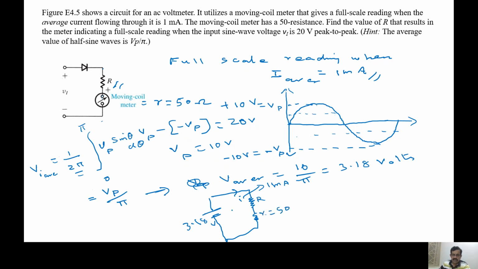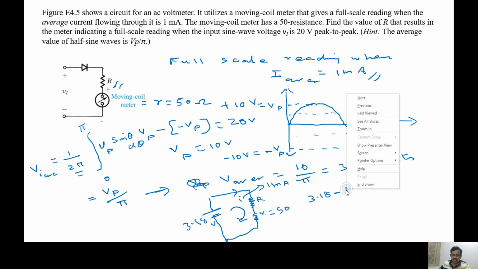So I can write the KVL around this loop, and I will get 3.18 minus 1 into 10 power minus 3, R plus r equal to 0. Why minus 3? Because it is milliampere.